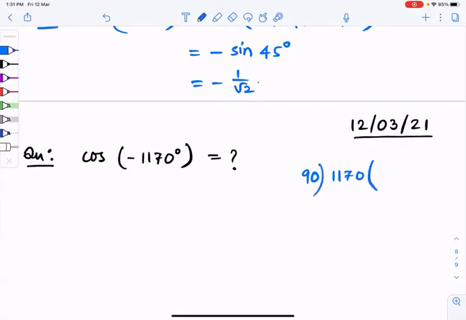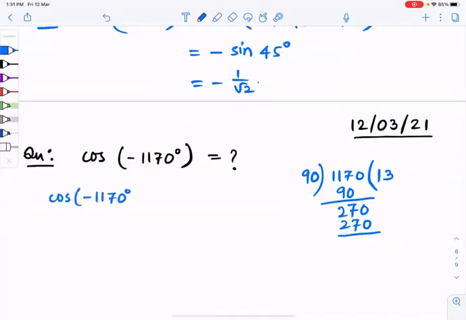Dividing by long division method, you will get 13. That's all. So this is nothing but cos of minus 1170 degree.